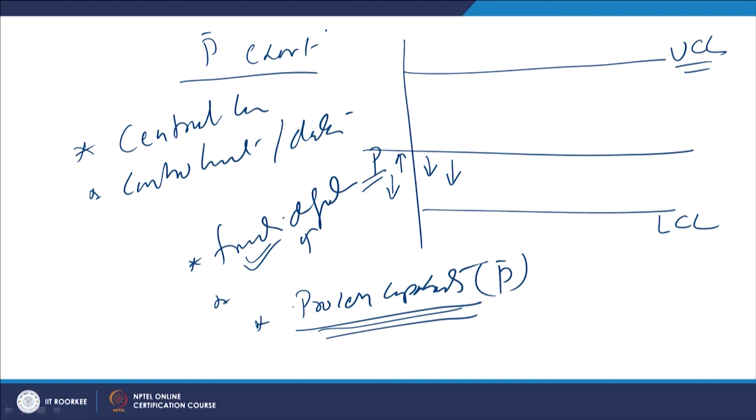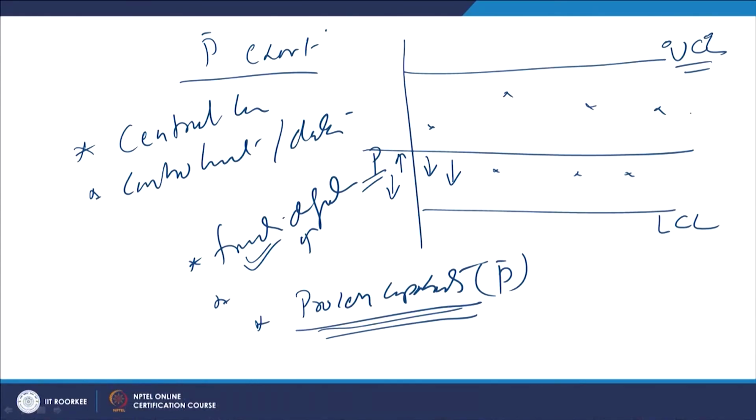On the other hand, if there is a process giving the p value randomly here and there, meaning a non-random pattern is not there but a random pattern is being indicated, then that will show that the process is under control.